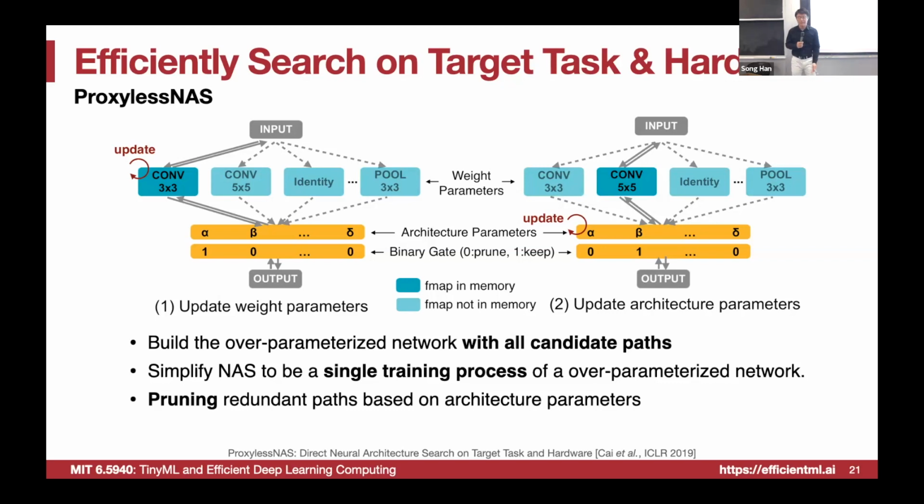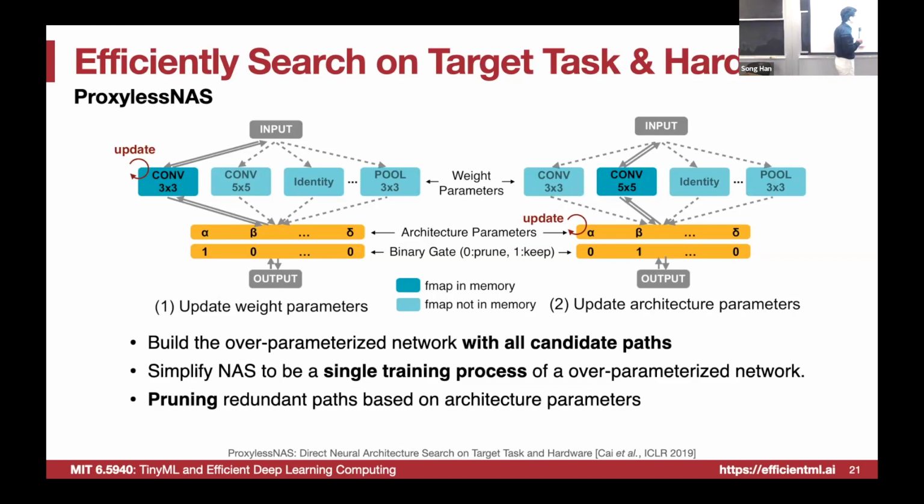Okay, so in this way, in one iteration, we update the weight parameters. Which one do we update? That is sampled according to the architectural parameter, which is the probability of choosing this path. Like this path has the highest probability, or this one has lower, then it's still possible we sample this path, just the probability is lower.